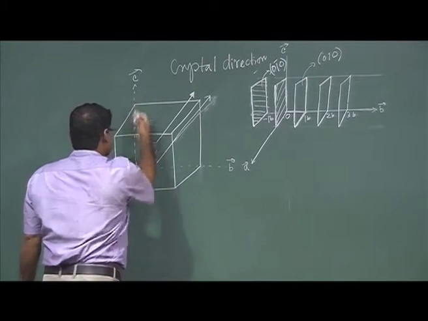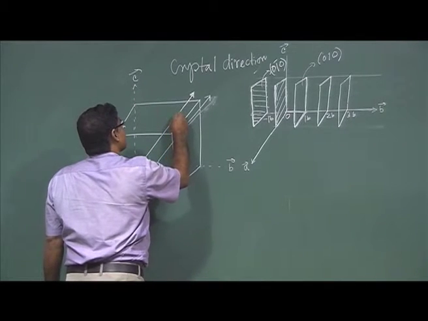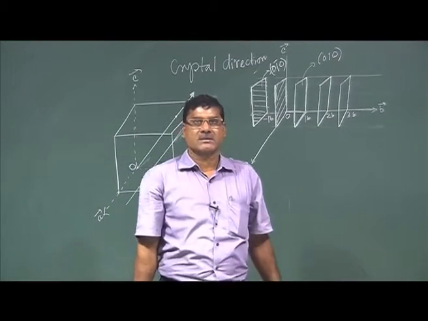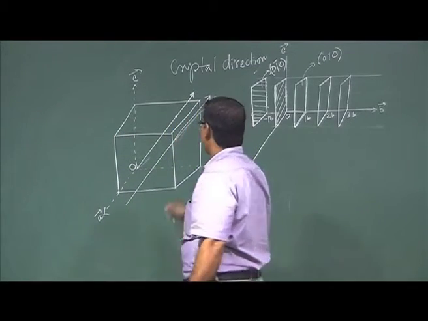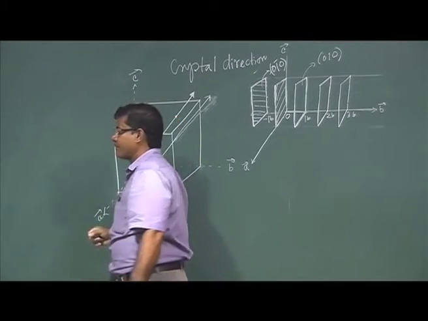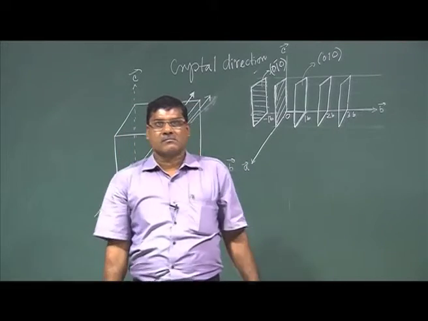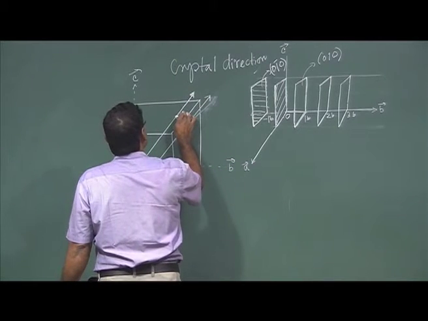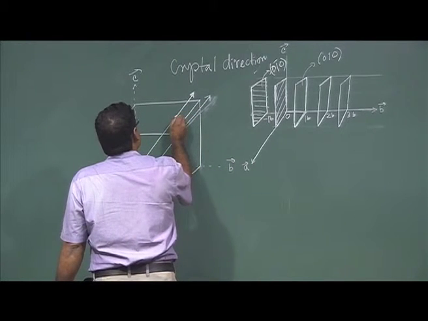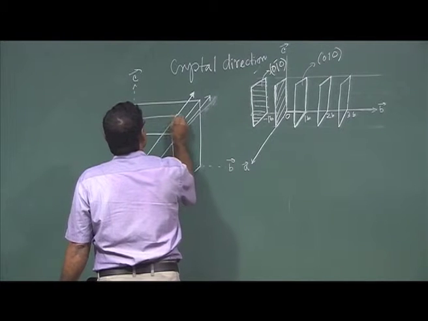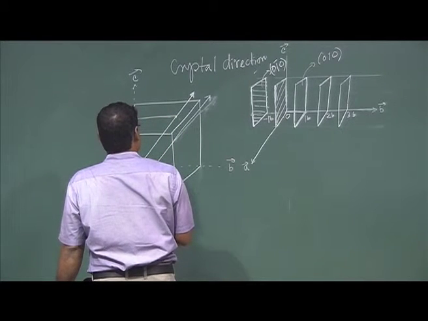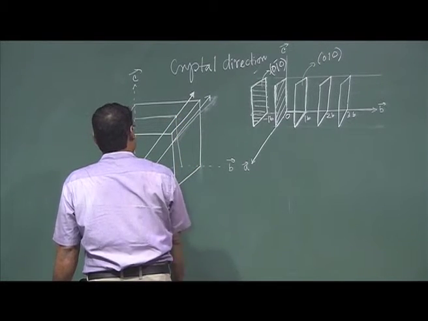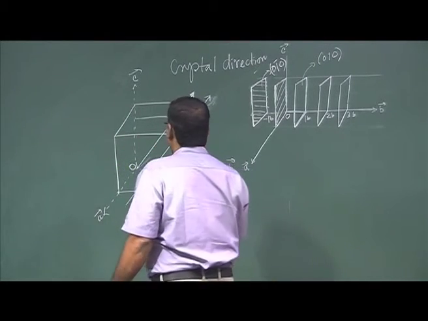If you have an axis system and you want to find out the direction, take a point on this line, and one can find out the coordinate of this point, right? How to find that?